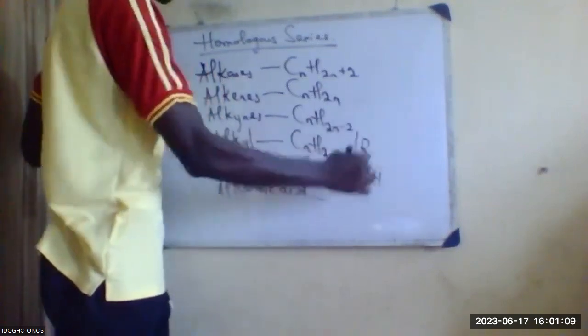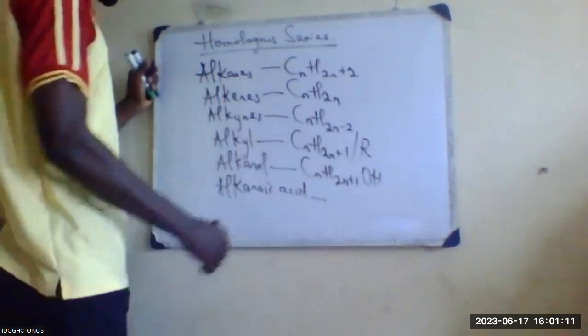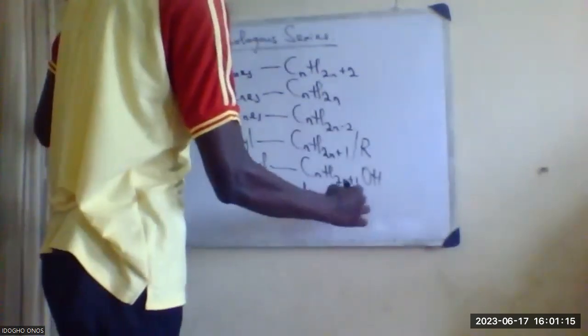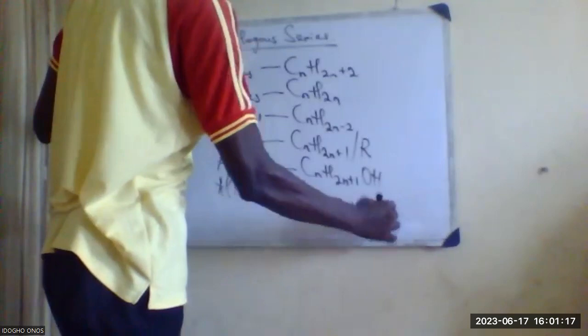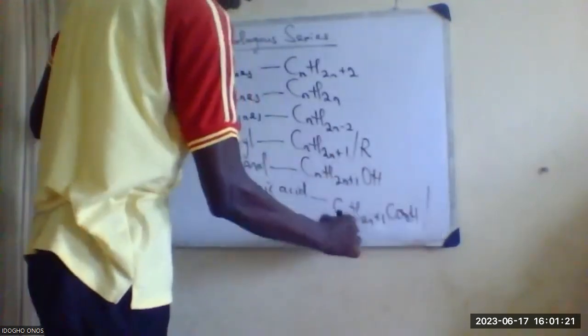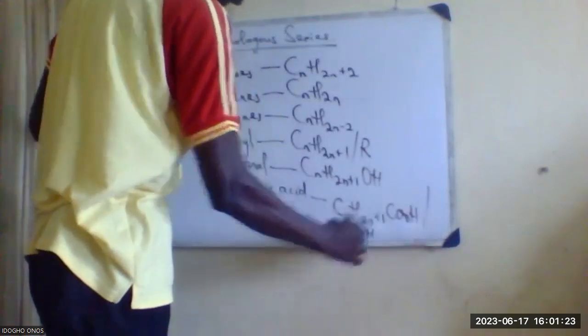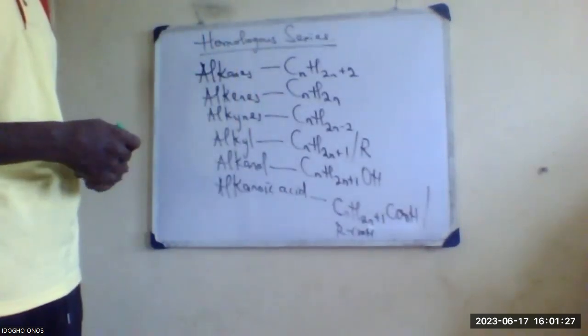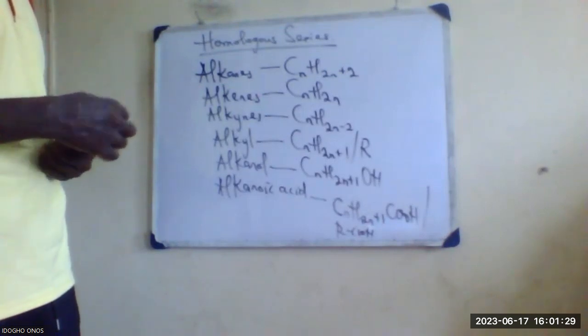Mind you, the alkyl can also be written as R. Then alkanoic acid is CnH2n+1COOH, or we say RCOOH, or even sometimes HCOOH, that is for methanoic acid in such a situation.